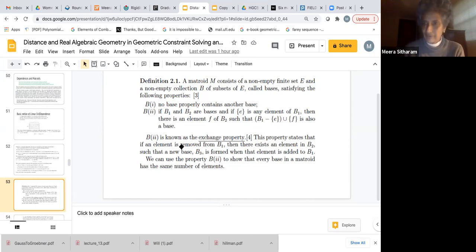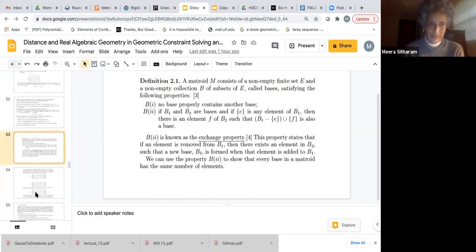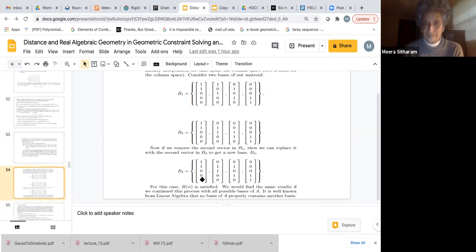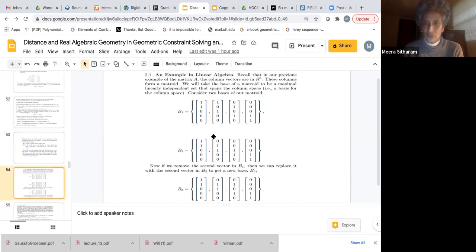There are multiple equivalent sets of axioms that define a matroid. So going back to our example, these are the columns. This will be the ground set, and there we had 8 columns.